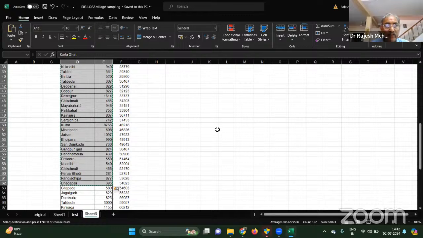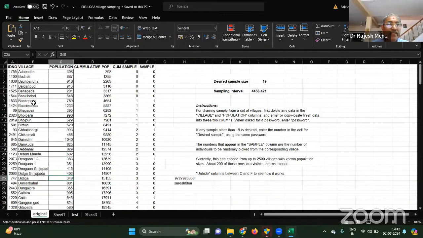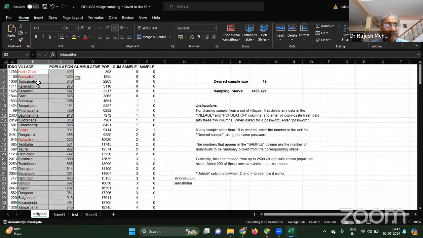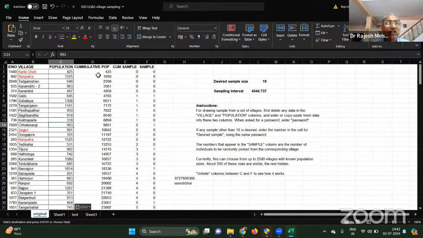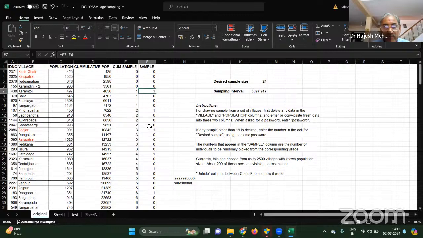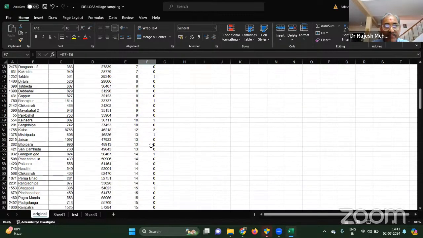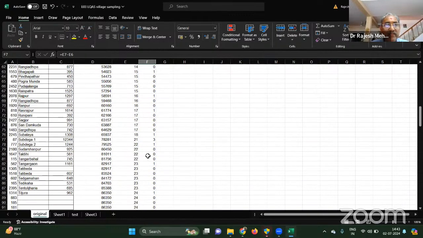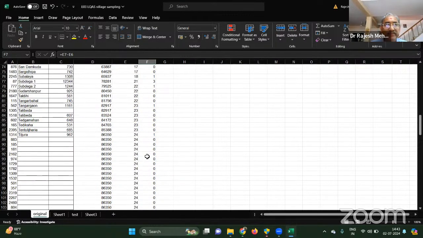You can copy this, paste it somewhere over here, and then automatically the cumulative population will change. Suppose you want a desired sample size of 24, then automatically the place from where you need to take the sample, 111, is written over here. From there, you are supposed to take a sample.